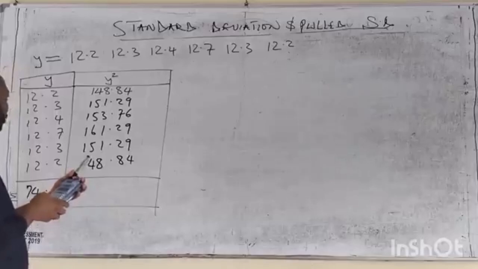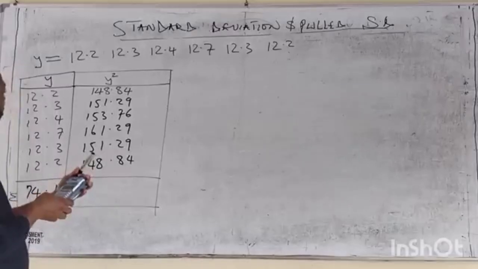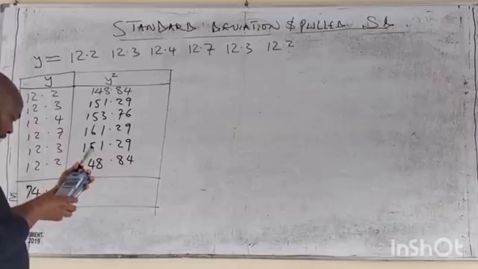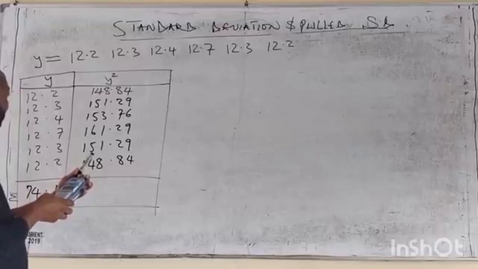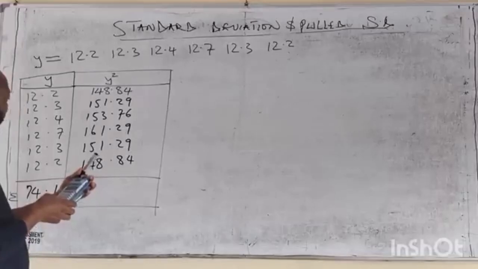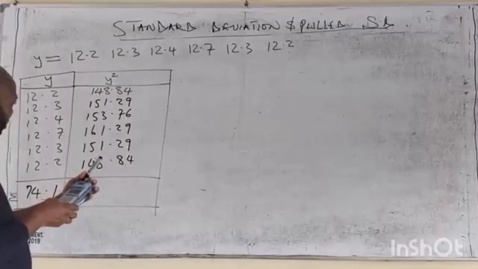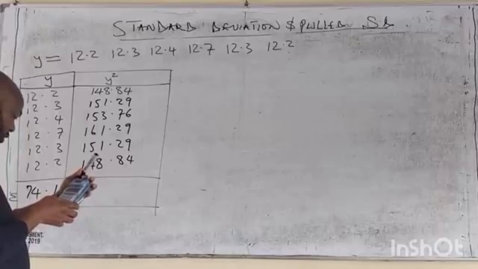Now the other way: 148.84 plus 151.29 plus 153.76 plus 161.29 plus 151.29 plus 148.84.